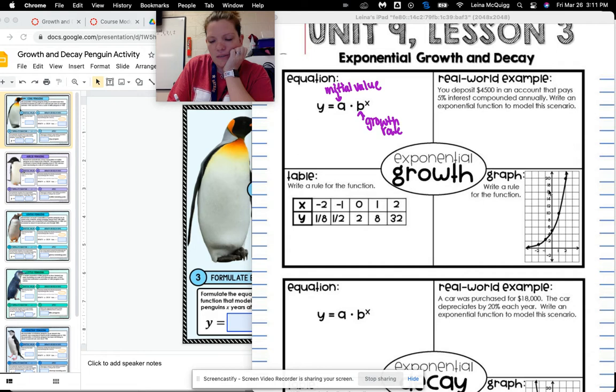And this is going to be a number bigger than 1. Okay? So B represents our growth rate, and it's usually a number bigger than 1. If you're looking at an equation and your B is bigger than 1, then you're talking about growth. If it's smaller than 1, between 0 and 1, then it's going to be decay.